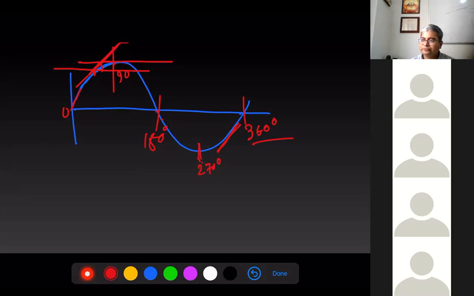Yes or no? Yes, sir. और इस जगह पे अगर करेंगे तो 180 और 270 के बीच में, that means the phase angle might be in between 180 to 270 degree. इतना ही तुम याद रखो. At any moment, if I want to determine the phase angle, that can be determined by drawing a tangent along your plane.